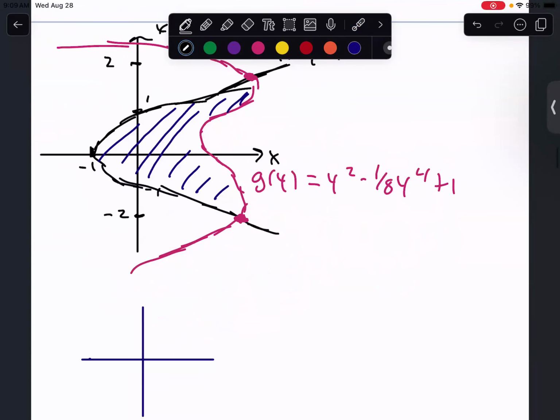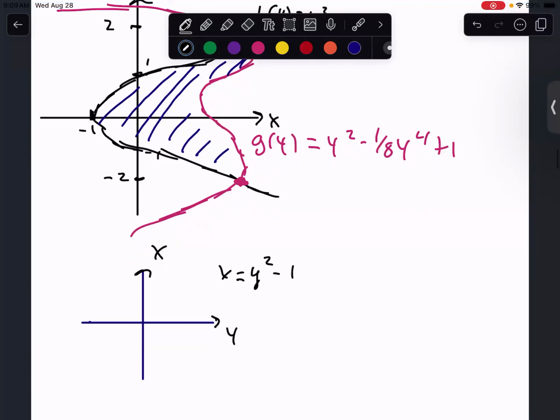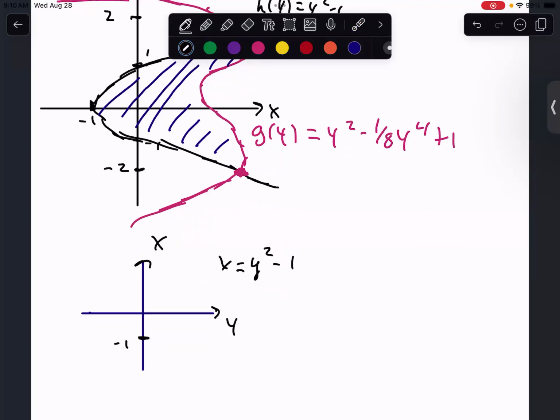If you just switch the axes, and you wanted to determine what y squared minus 1 is equal to, you just do what you already know from high school. So this is a parabola that intersects the y-axis at -1, and then this is y squared like this.